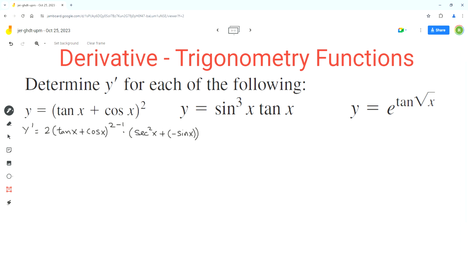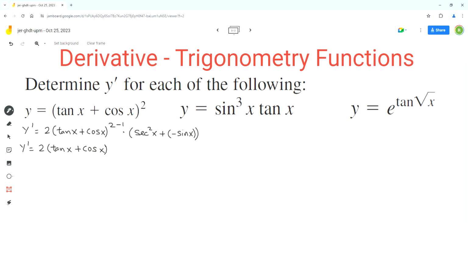Now we can simplify this expression. In the exponent, 2 minus 1 is equal to 1 and we don't write 1 as an exponent.